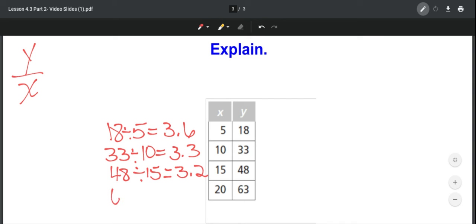Dividing 63 by 20 gives us a quotient of 3.15. We already were able to determine at this point that our table is not a proportional relationship. Why? Because the ratios are not equivalent to each other.